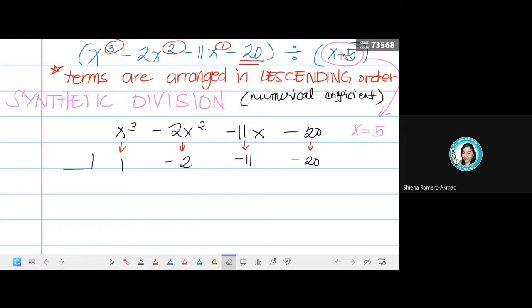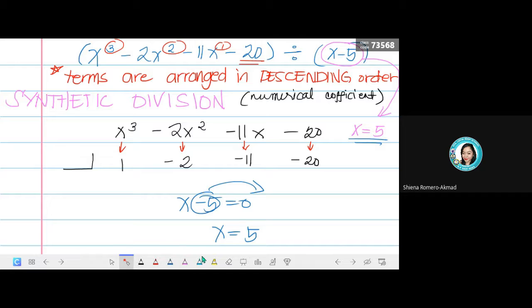Okay? So, nanggaling siya dito sa x minus 5 and equate sa 0, transpose mo, that would be x equals positive 5. So, palatandaan na lang para hindi na mag-transpose pa. Kung ano yung sign niyan, kabaliktaran yan yung gagamitin natin na value.